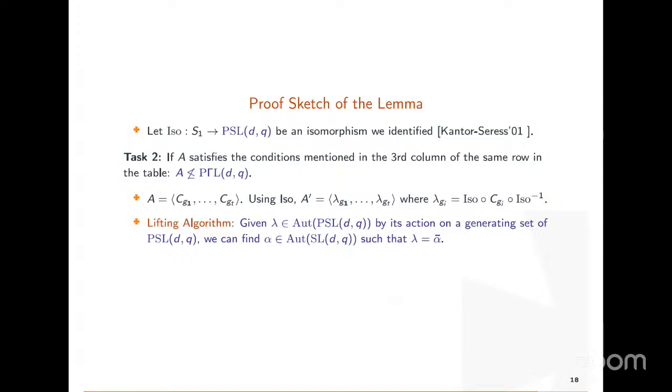Now SL has a really good structure that we can use, and that is how we define this lifting algorithm. Usually such lifting algorithms might not be easy, but fortunately it worked for us. So for any automorphism, we lift it to an automorphism of the matrix group, and that is this new A prime, which is now a subgroup of Aut of SL.